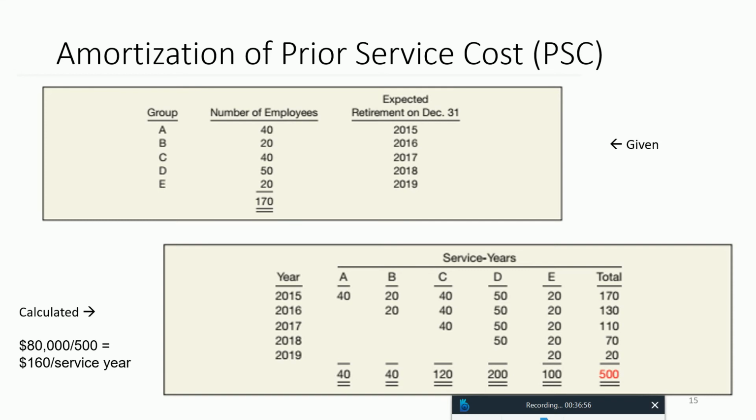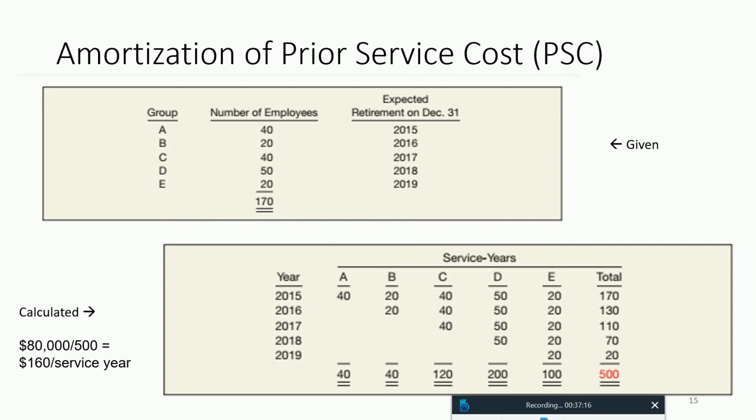Group D, 50 employees, they're going to retire in 4 years. 50 times 4, 200. And then Group E, 20 employees, they are going to retire in 5 years. 20 times 5 is 100. So then what we're going to do is add up all of these service years.